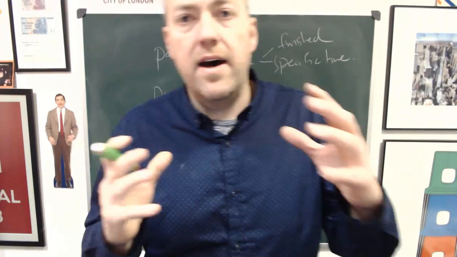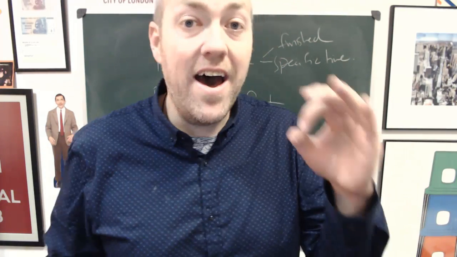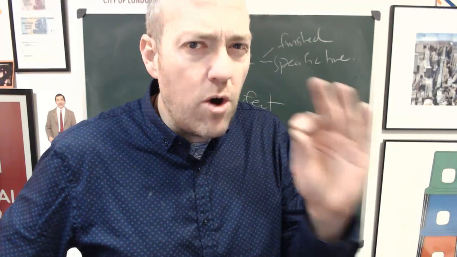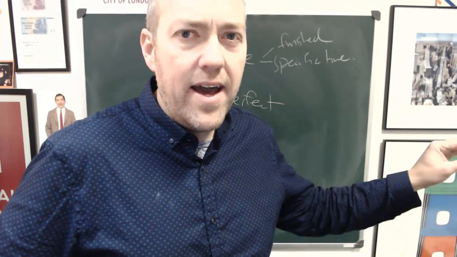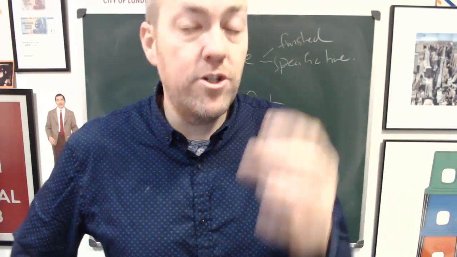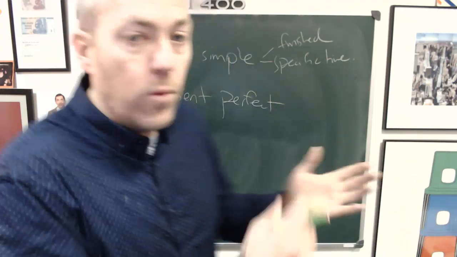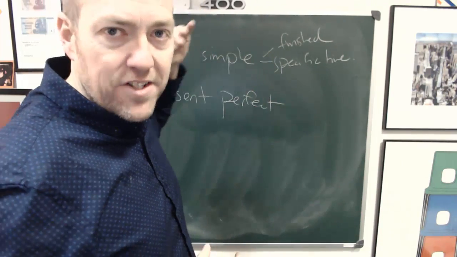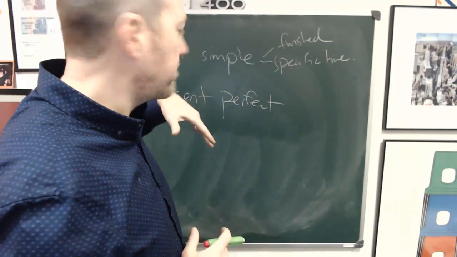So, yesterday I went to the cinema. At 3 o'clock I ate pizza. 2 hours ago I drank a coffee. So we have a finished action at a specific time.